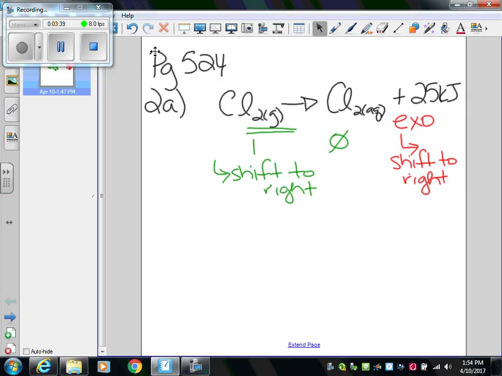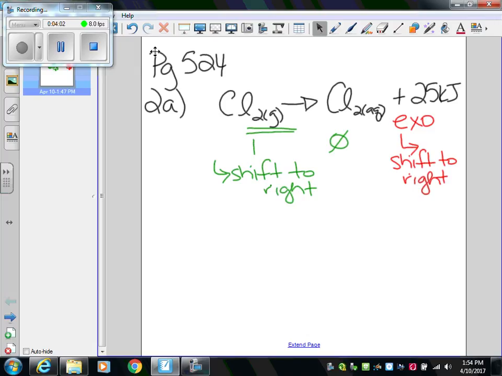Whereas when we're looking at our exothermic aspect there, if I have an exothermic one and I decrease my temperature, then it's going to move to the right.